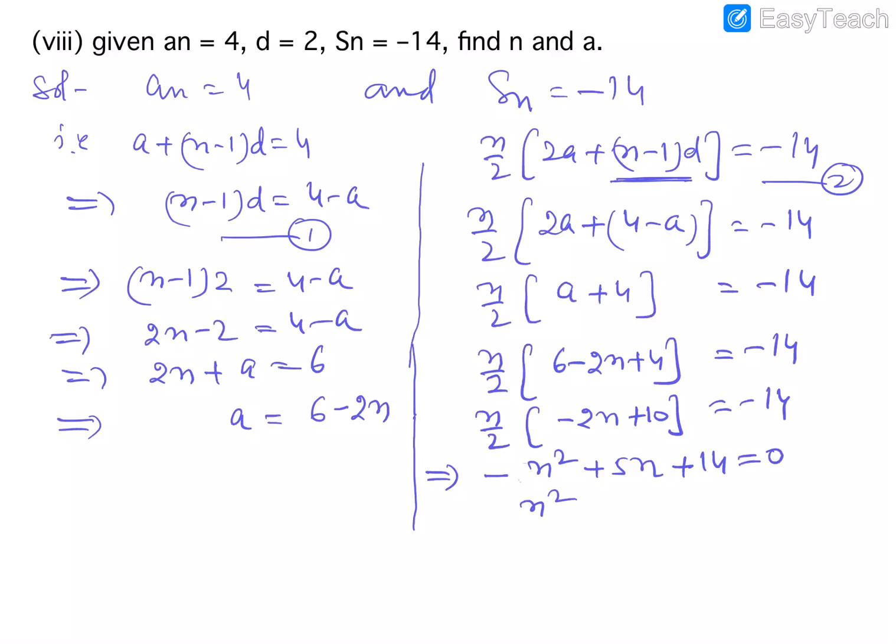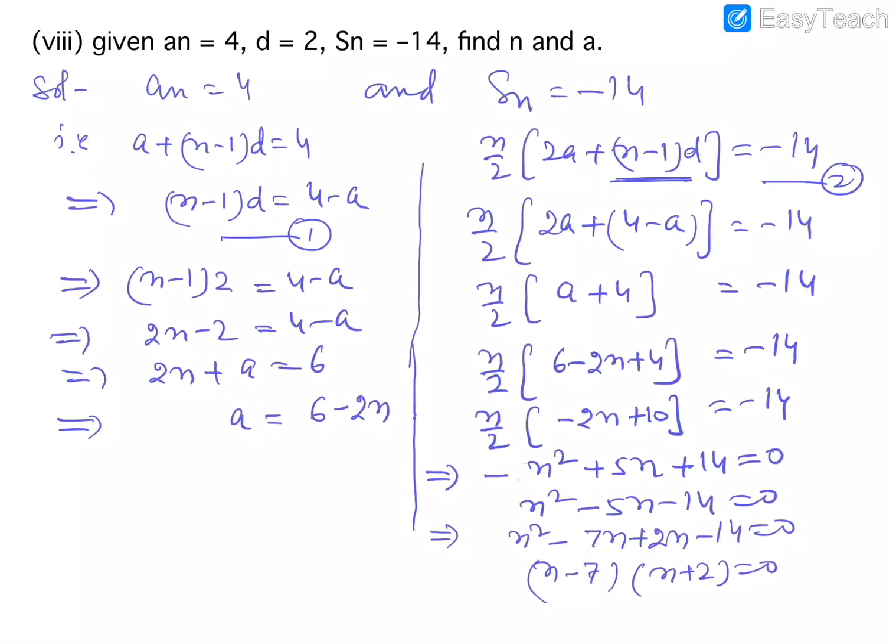Or you can write it as n square minus 5n minus 14 is equal to 0, which is a quadratic equation in n. Applying the factorization by splitting the middle term, n square minus 7n plus 2n minus 14 is equal to 0, we have n minus 7 and n plus 2 is equal to 0.